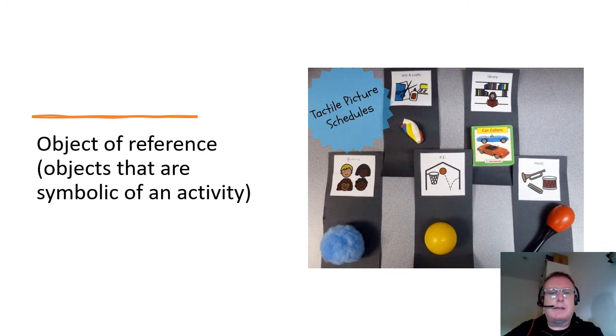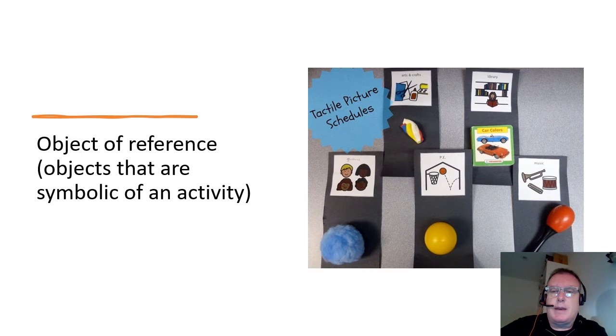One type of multisensory visual is something we call an object of reference. These are often used in special schools where children will have very complex learning needs and may well be non-verbal. But as you can see from the image, not only would you have a PECS or a visual card there, but you would actually have an object, a three-dimensional object.